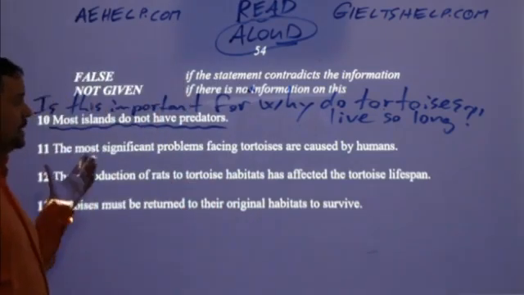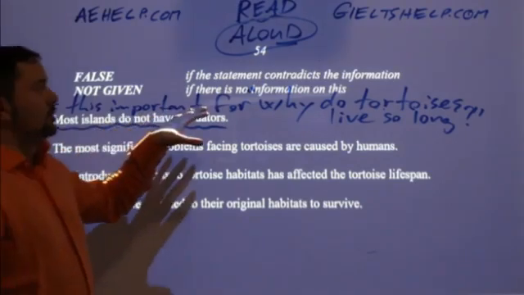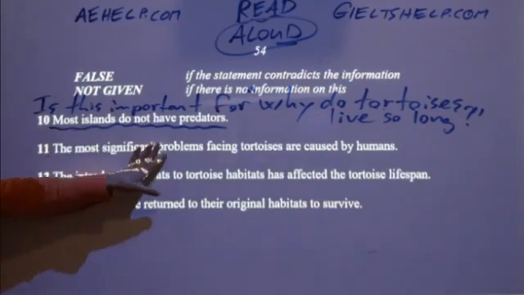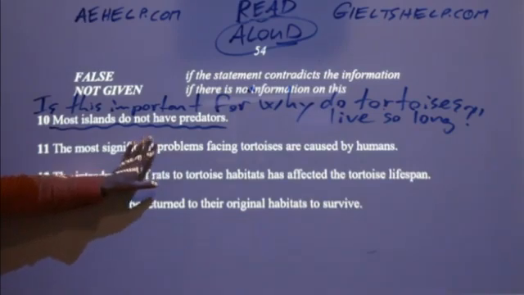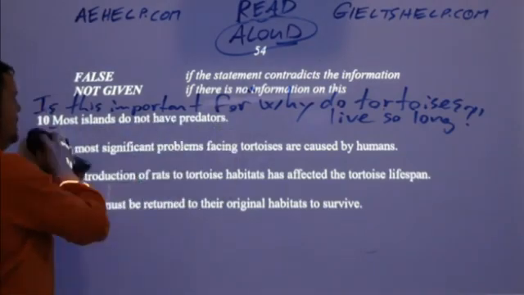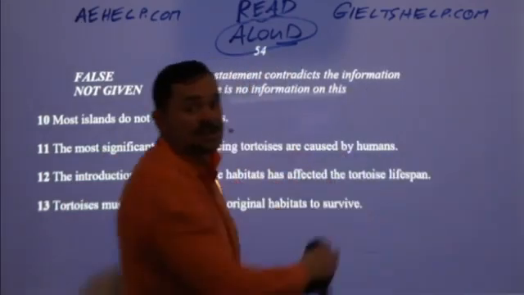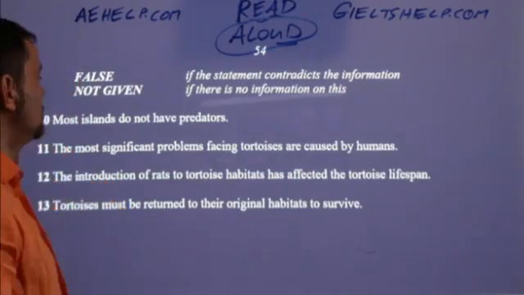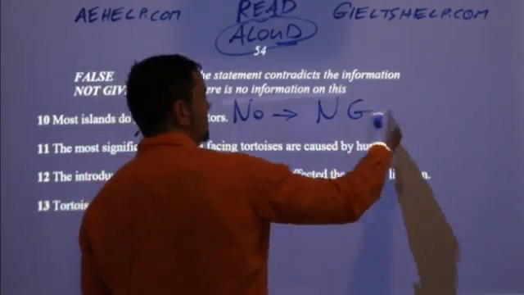So after you read the passage, when you ask yourself the question, is it important to know for this passage, why do tortoises live so long, that most islands do or do not have predators? So most islands do not have predators, okay? Is it important for this passage? No, it isn't, right? No, it isn't. So if it's not, then right away we know the answer is not given.